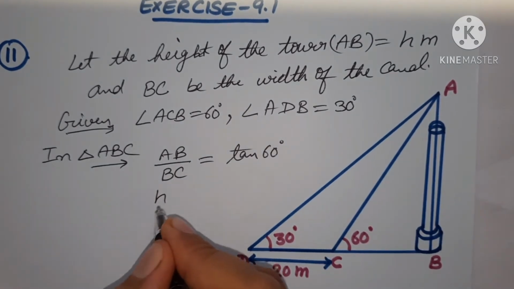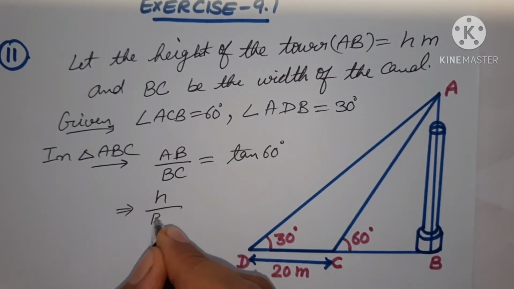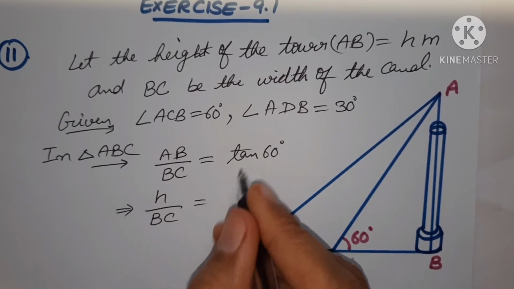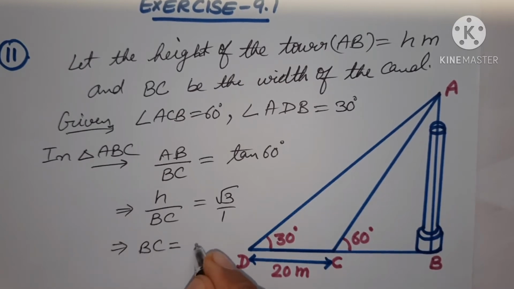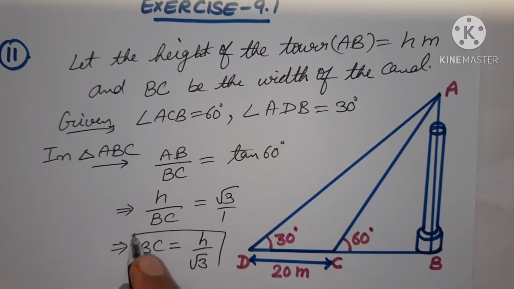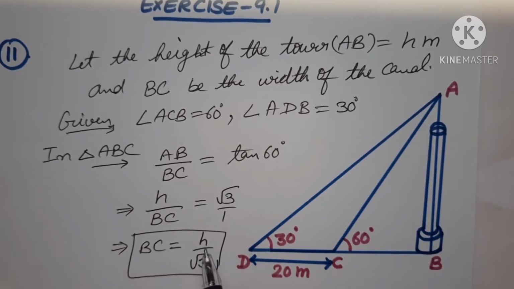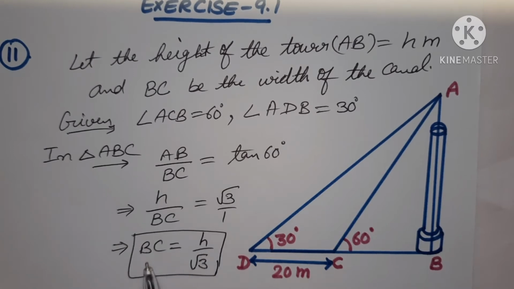AB is h, and BC we don't know, tan 60 is root 3 upon 1. So from here we got the value of BC, that is h upon root 3.